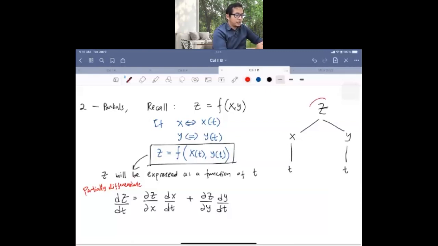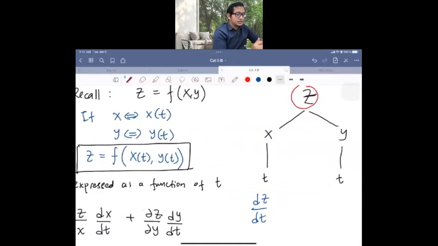If we want to differentiate z partially with respect to t, then at least each way we need to fulfill.